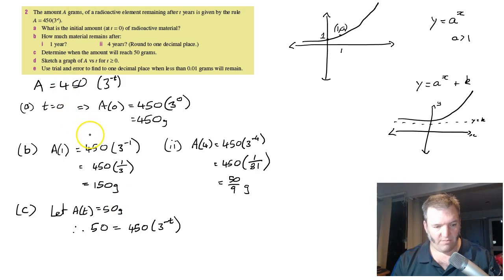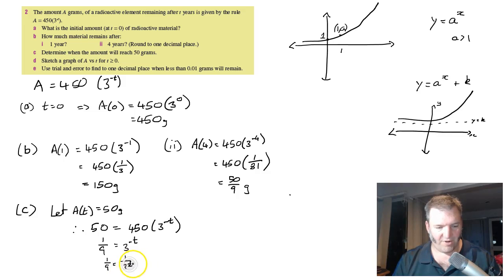Well, I can divide each side by 450 once I find where my pen is. There it is. So 50 divided by 450, that's 1/9. And that's going to equal 3 to the negative t. 1 over 9 equals 1 over 3 to the power of t.